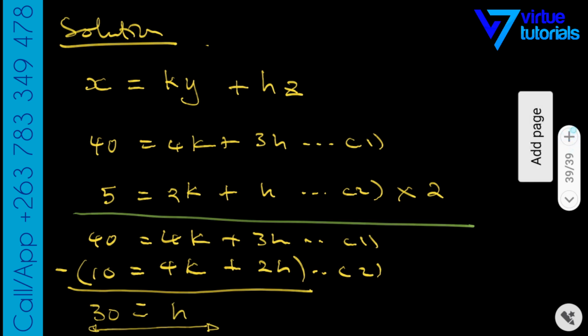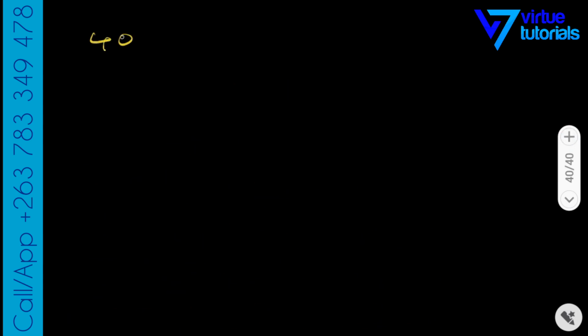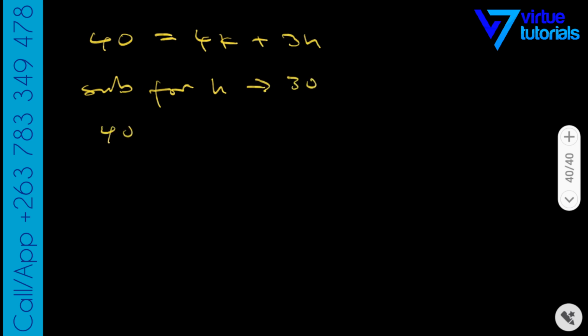I can substitute in the first equation, right? So first equation is what? 40 is equal to 4k plus 3h, right? We can substitute for h, which is actually 30, right? So 40 is equal to 4k plus 3 times 30, that's 90.